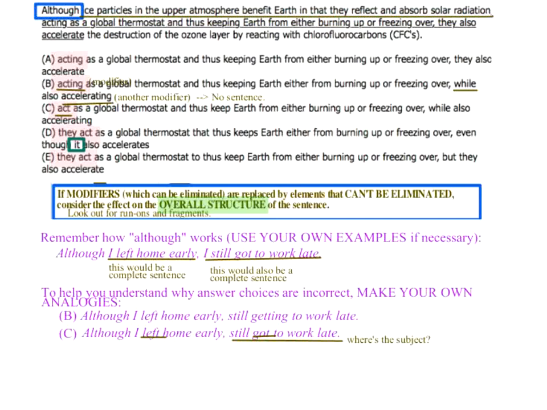That's what accelerates this stuff. So D is incorrect because it tries to use a singular pronoun to stand for that plural. D tries to use it to stand for ice particles. So not okay because ice particles is plural. So D is also not okay.